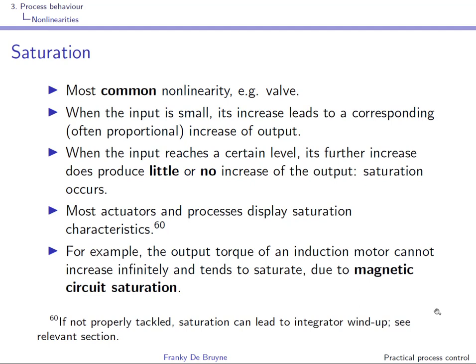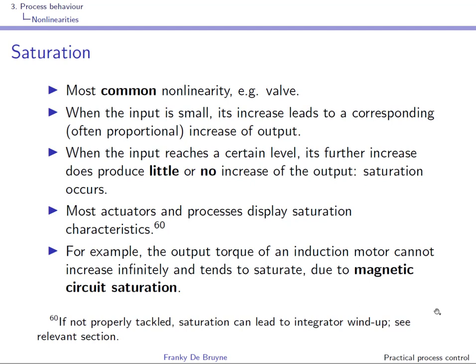The most common saturation nonlinearity that you might encounter in process industry is of course the valve, right? And you know that the saturation limits are 0 and 100%, but a lot of actuators and processes will display some kind of saturation. It is important to know these saturation limits. For instance, when you're tuning a PID controller, depending on your working point, you might encounter or hit the saturation or not when you're doing a closed loop step response.